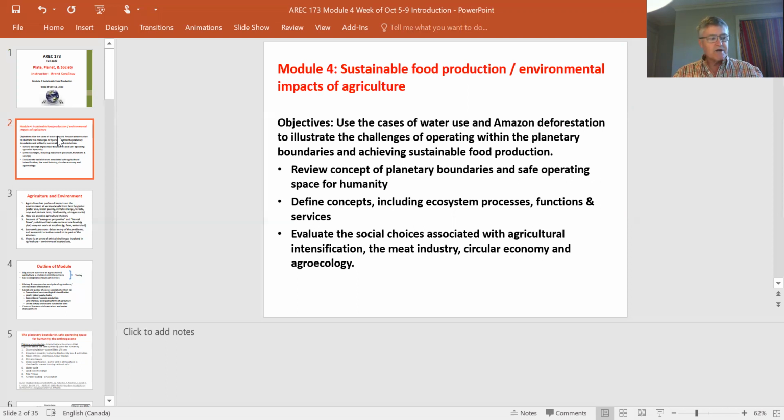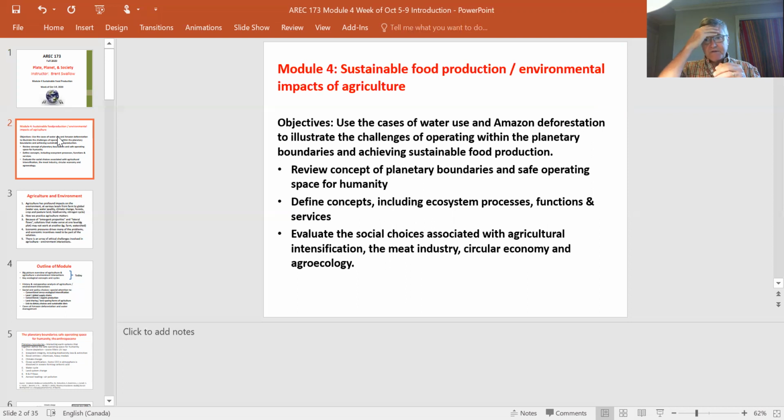We're going to define lots of concepts today. I'm going to try to illustrate those concepts with some cases that I'm pretty familiar with in many of the examples, as well as move into the idea of the planetary boundaries.